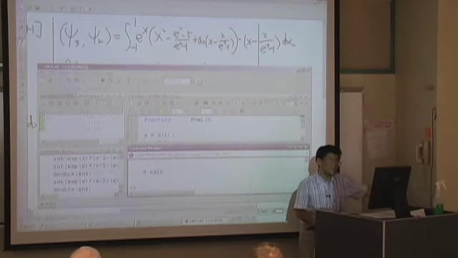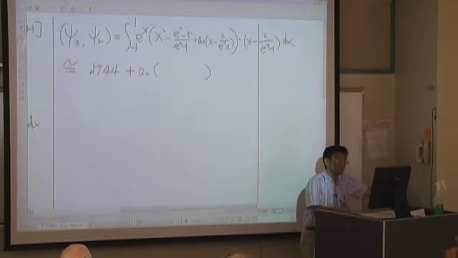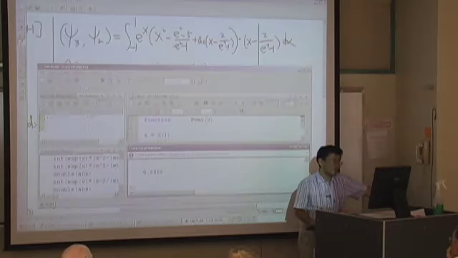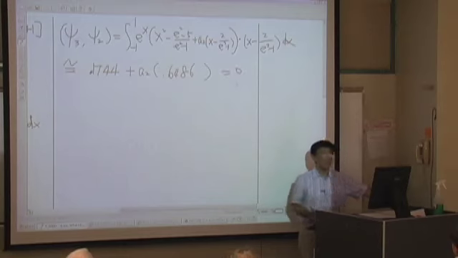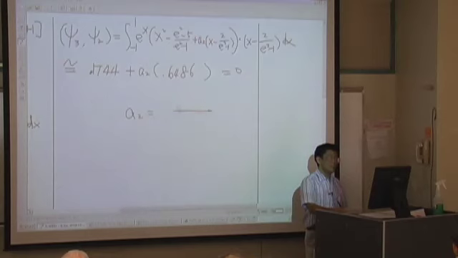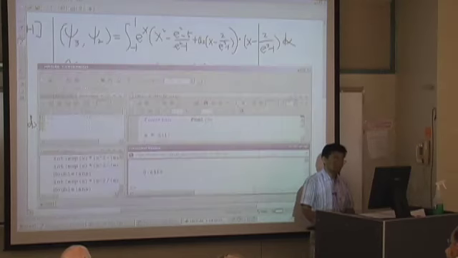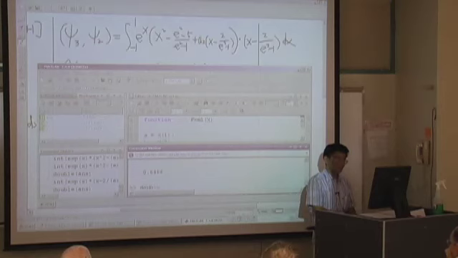It is 0.6486. So this should be equal to 0. Do you follow me? Because of this, A2 equals roughly negative 0.1744 divided by 0.6486. So let's do it.